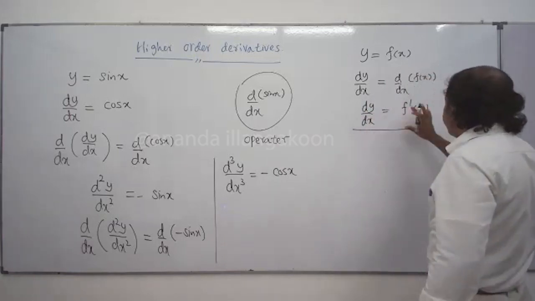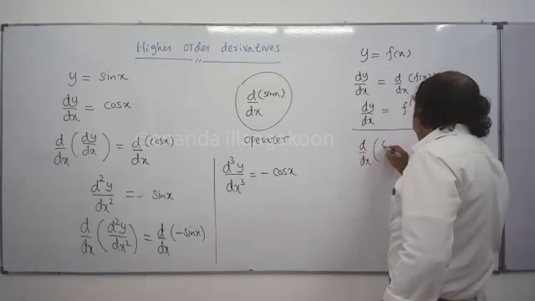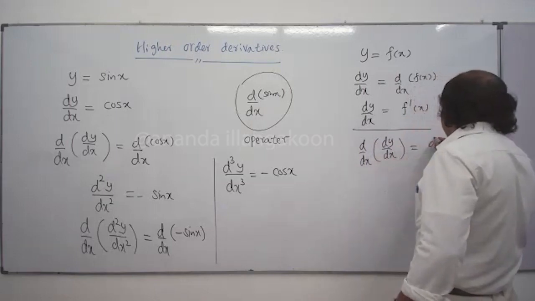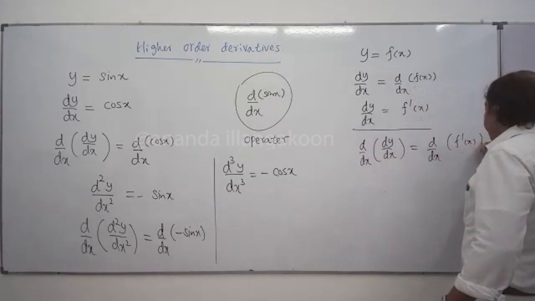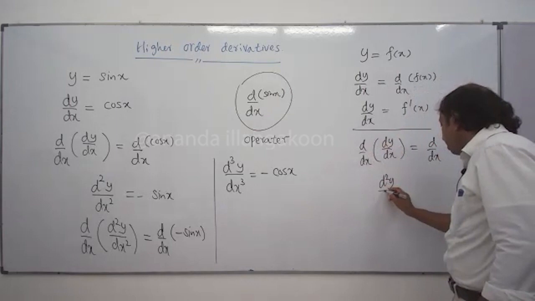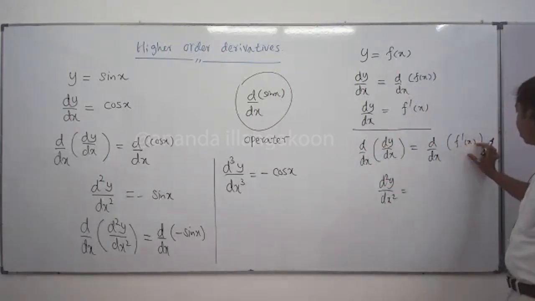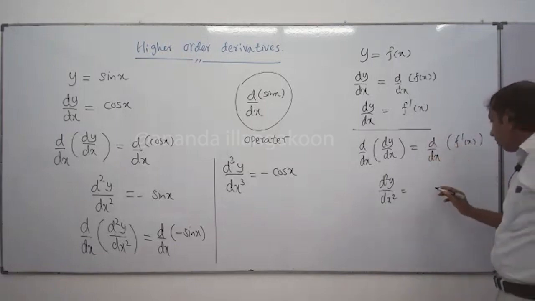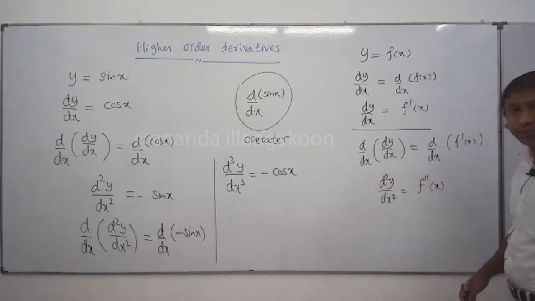Secondly, when we differentiate this again, we write d upon dx of dy by dx, and here d upon dx of f dash x. Now, this one you know already: it is written as d2y upon dx2. On the right hand side, when you differentiate f dash x with respect to x again, this is written as f double dash x.